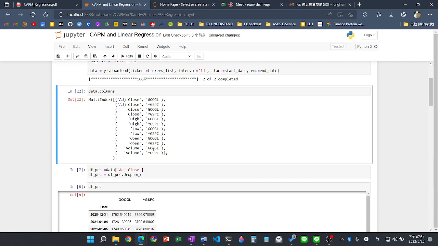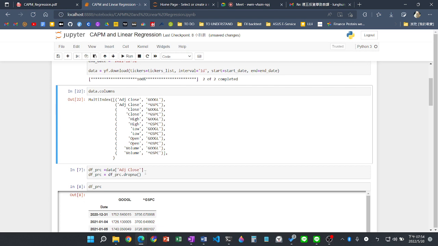We can take a look at its columns. Here you can see there are a lot of things. For example, there's an open price, high price, low price, and volume. But for the calculations of CAPM, we only need the adjusted close price, right?